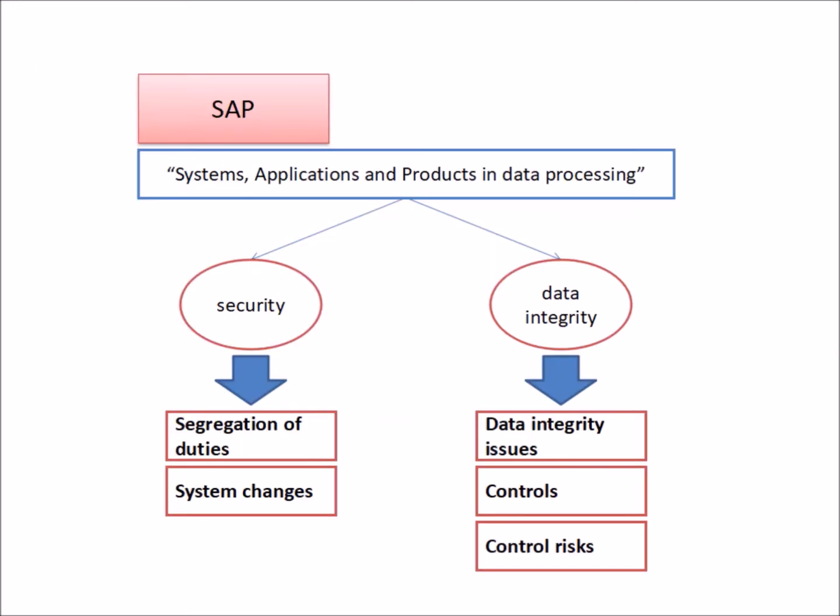System Application and Product in Data Processing or SAP is divided into security and data integrity. Security includes segregation of duties and system change, while data integrity includes data integrity issues, controls, and control risks.